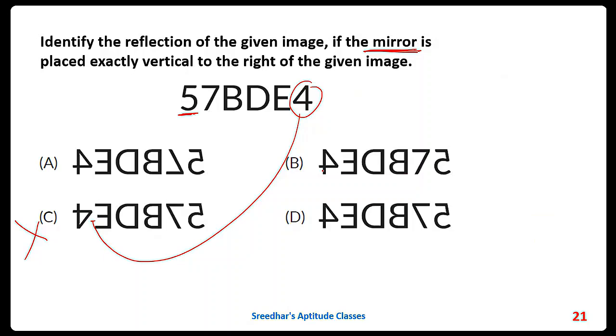And now A, fine, 5, 7, B, D, E, 4, right? So A also eliminated, because 7 has become inverted.